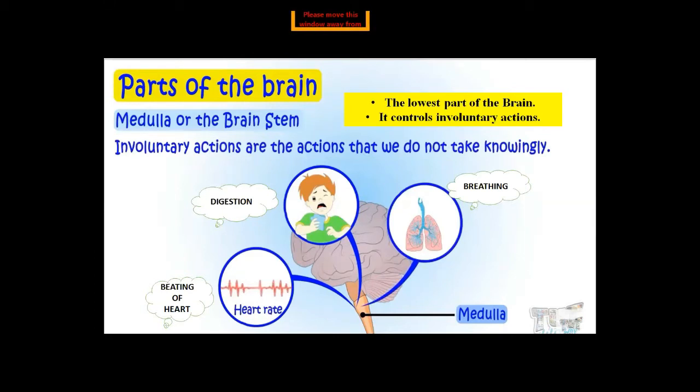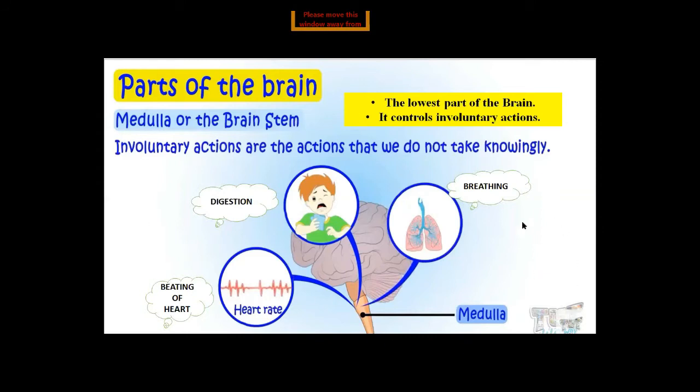Students, when two parts of the brain, the cerebellum and cerebrum, go to sleep, the medulla keeps working. You can observe in this picture, here is the medulla, and it controls the involuntary actions.